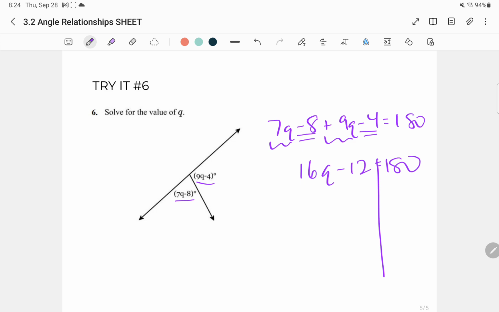Now I can draw my line. The opposite of minus 12 is plus 12, and I get 16q is equal to 192. Our last step is divide both sides by 16, and 192 divided by 16 is 12.